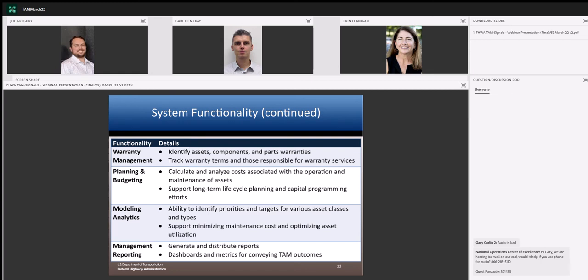Once you have all that information, looking at planning, budgeting, and doing modeling and analytics to be able to take that information and look at what that means into the future, and we'll talk about that as we go on through these themes. And finally, how you report some of that information out. So over these 2 slides, there's a broad range of high-level functionality that you may want as an agency in terms of managing these assets.